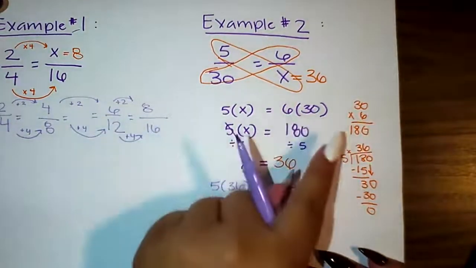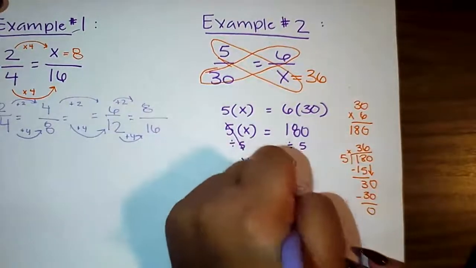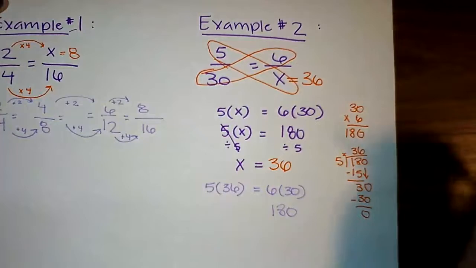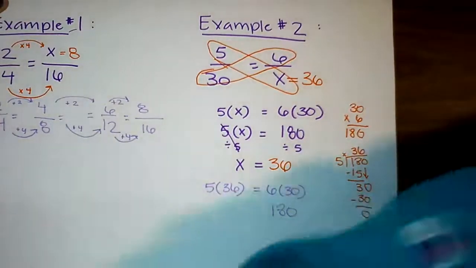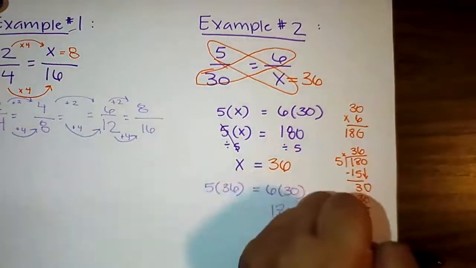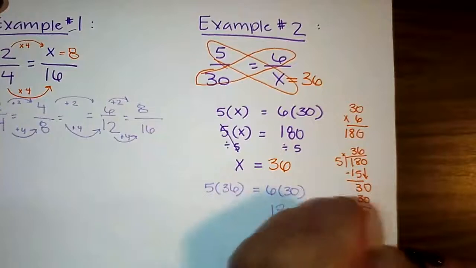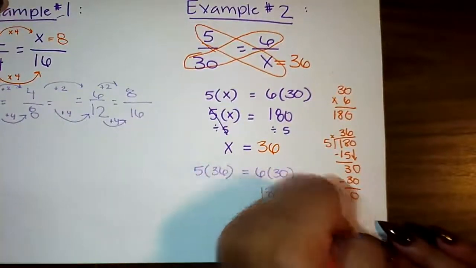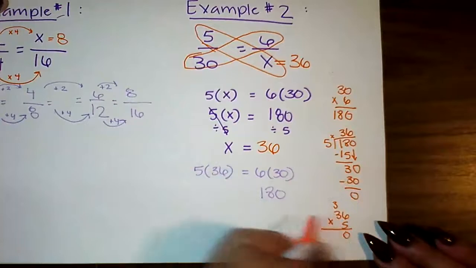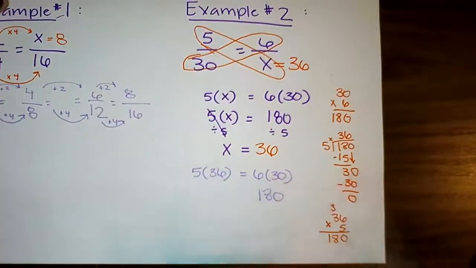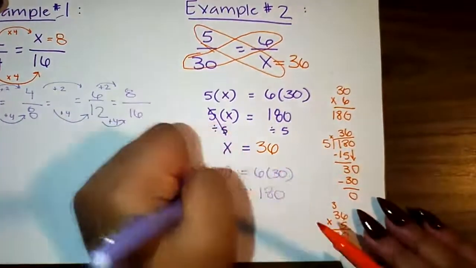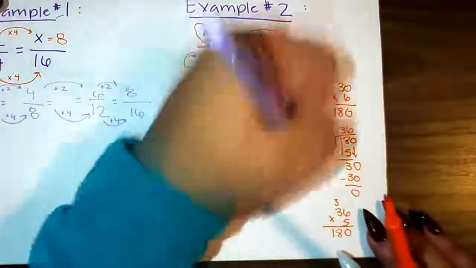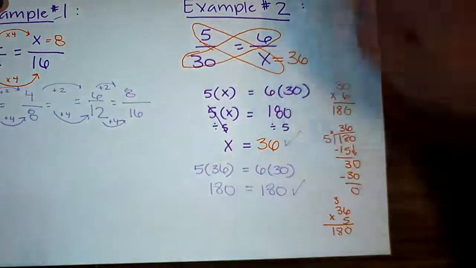Well, I already did it up here. 6 times 30 is 180. 5 times 36, I'm going to do it quickly on the side here. 5 times 6 is 30, which is 0, carry the 3. 5 times 3 is 15, plus 3 gives me 180. Boom. I know that 180 is equal to 180. So I know, in fact, that x equals 36 is correct.